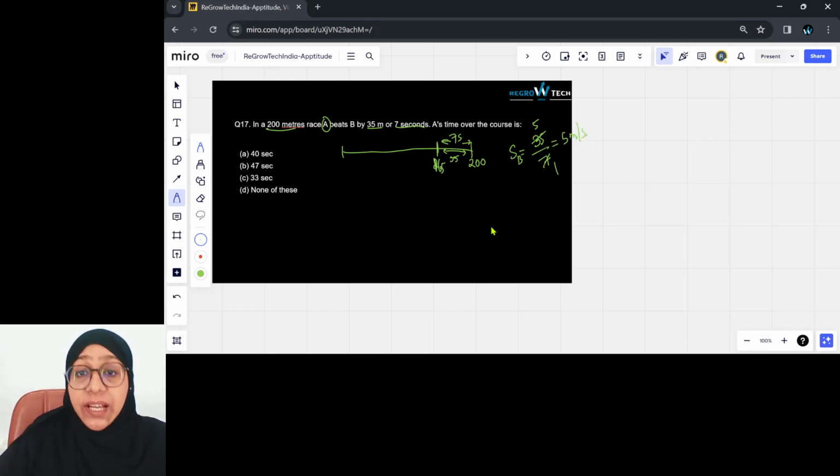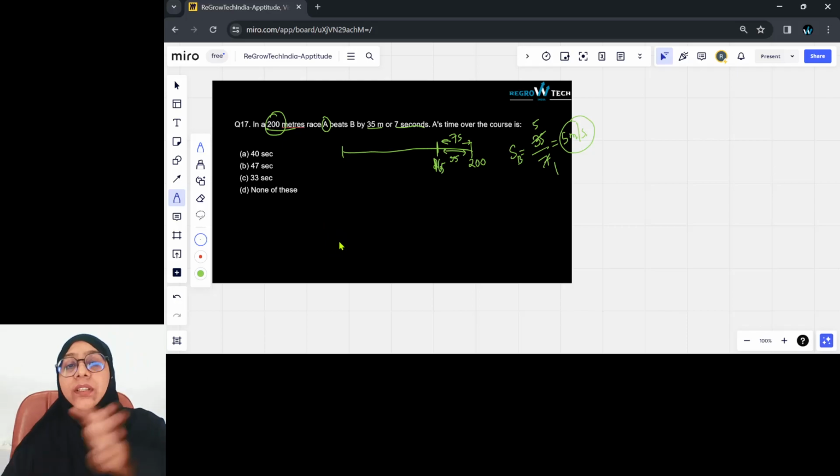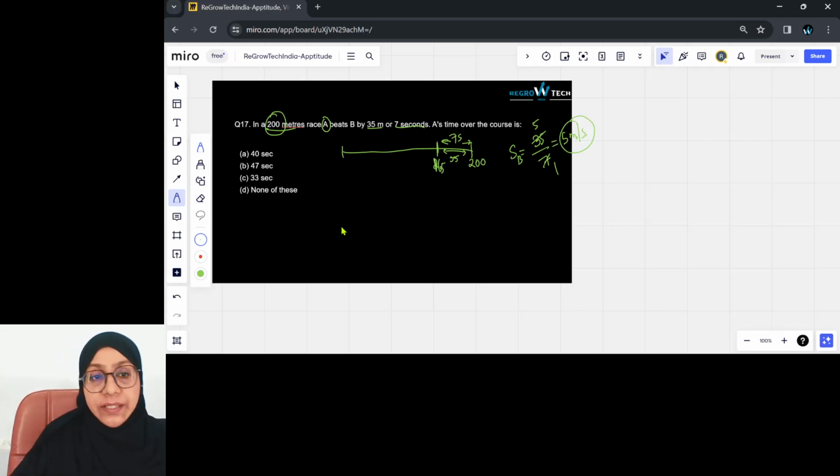Once we go ahead with that, we know the speed of B is 5 meters per second, right? Now, we need to know how much time A has taken. So, first of all, since we know the speed of B and we know that B covered the total distance of 200 meters, we can calculate the total time taken by B to complete the entire race.